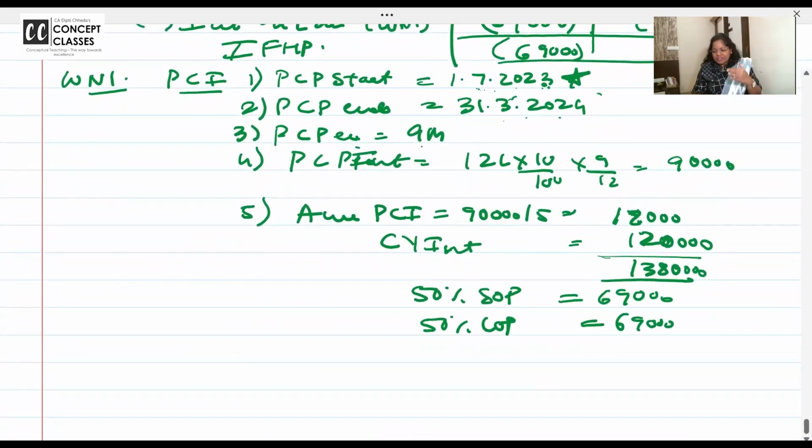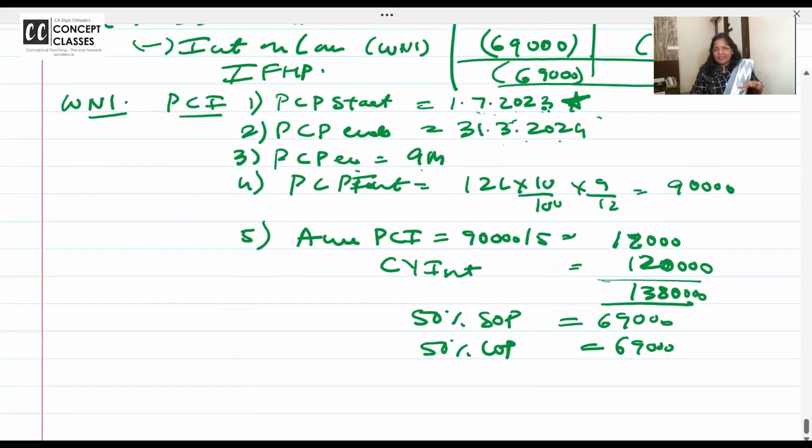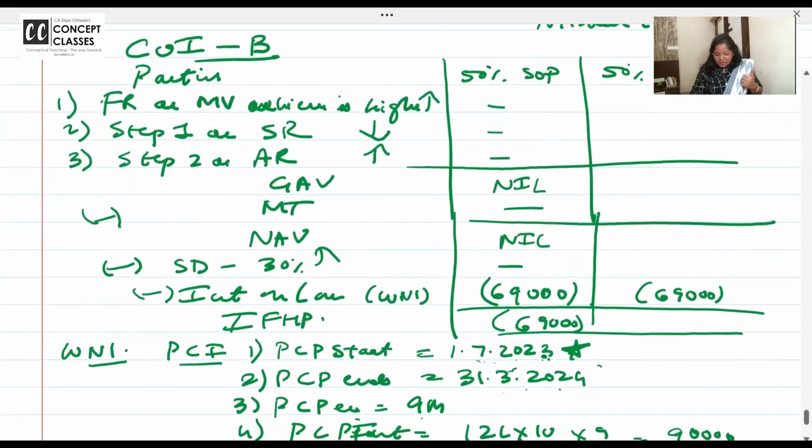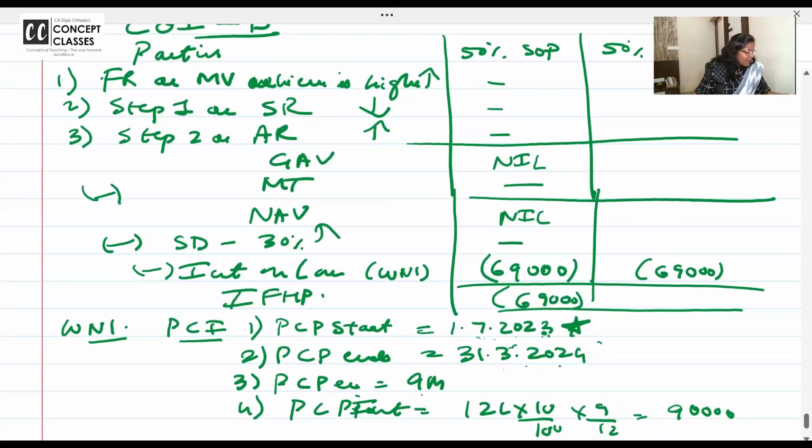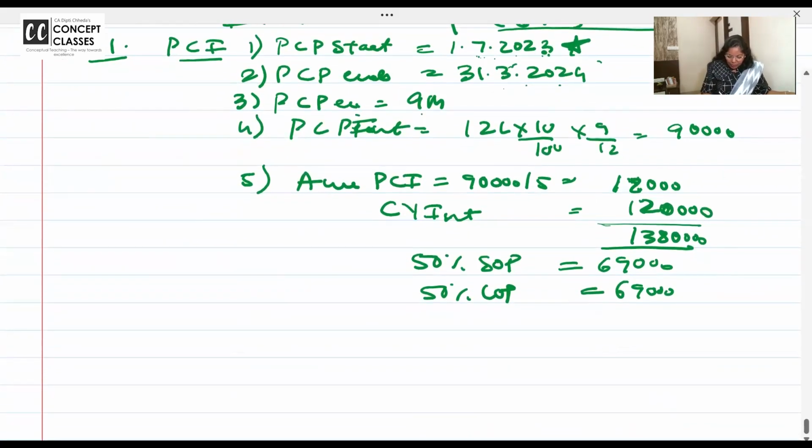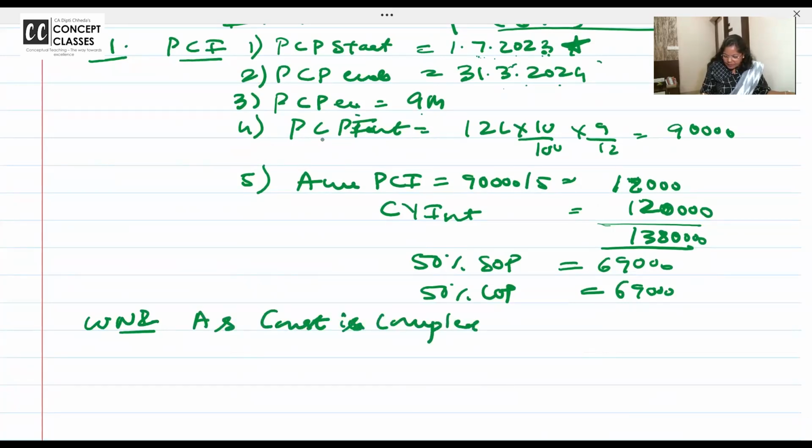See, there's a way a teacher teaches. If you think there is an answer and I can complete it, I need not justify, because I purposely did the pre-construction interest first. Now, while doing the fair rent and all, they have given the fair rent and municipal value of each floor. But very important, working note 2: as construction is completed, when was construction completed? 30 June 2024, this year's June.